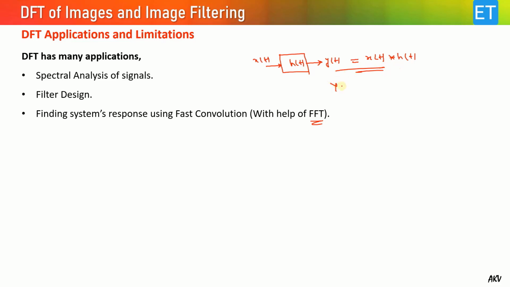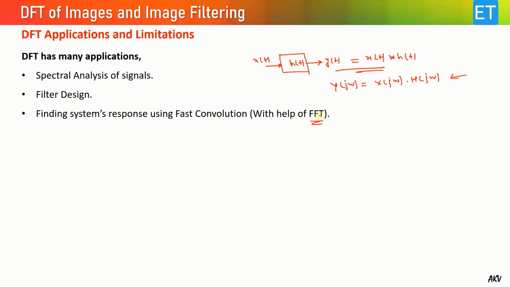So if you take the Fourier transform of it, you get Y(jω) equal to X(jω) multiplied with H(jω). You know by the convolution theorem that convolution in the time domain becomes multiplication in the frequency domain. So multiplication is much easier than computing convolution. So to implement this equation is easy.